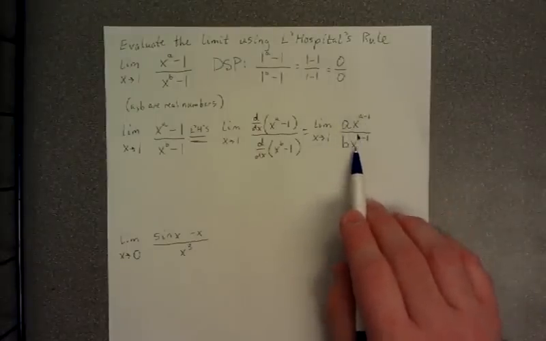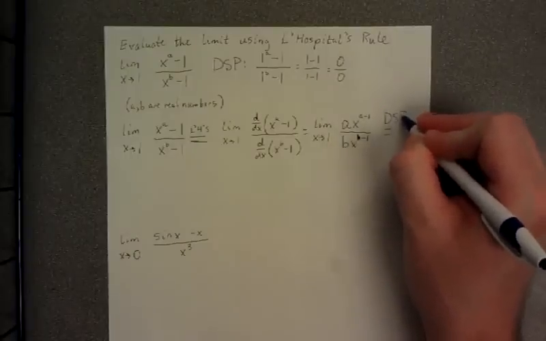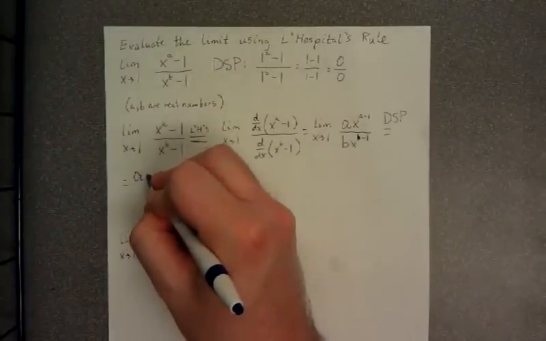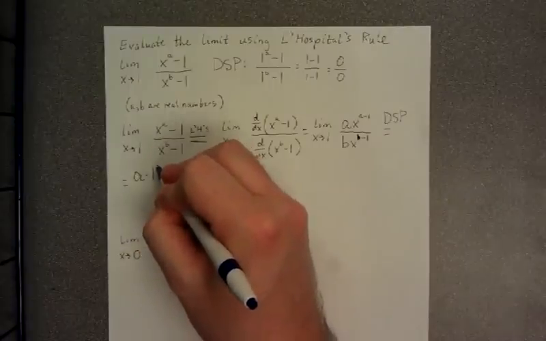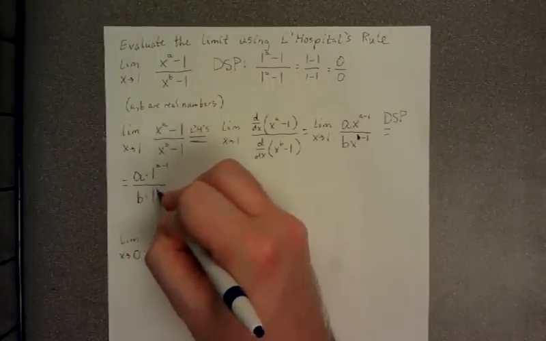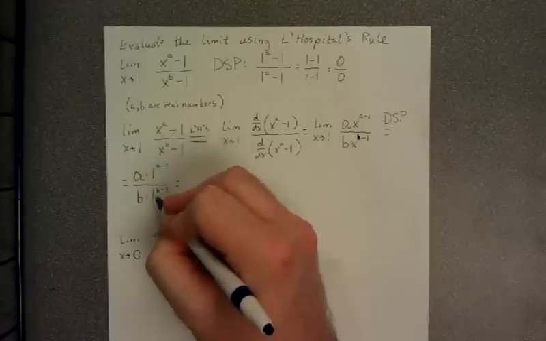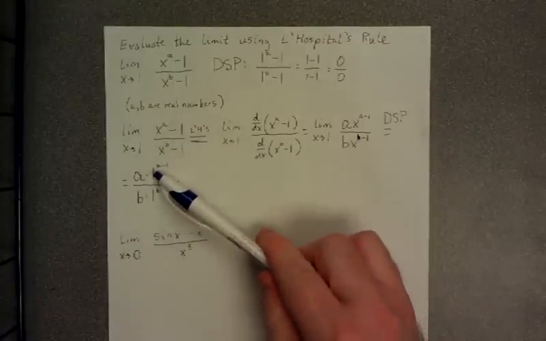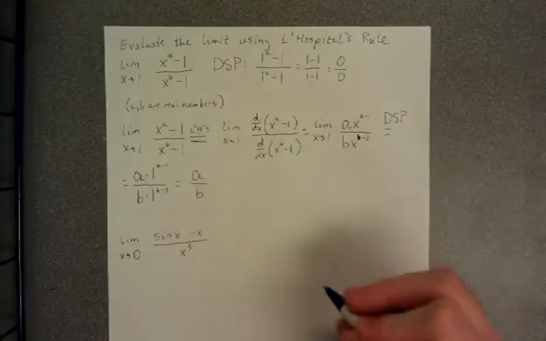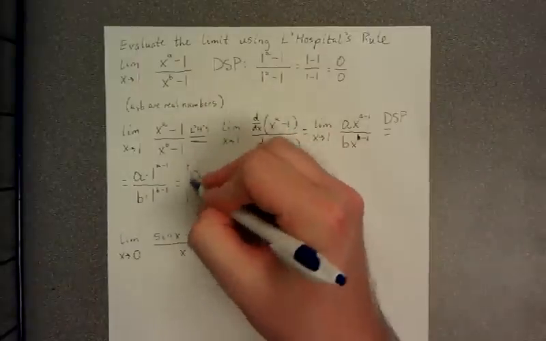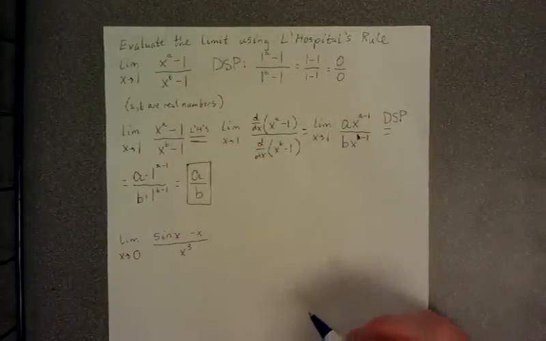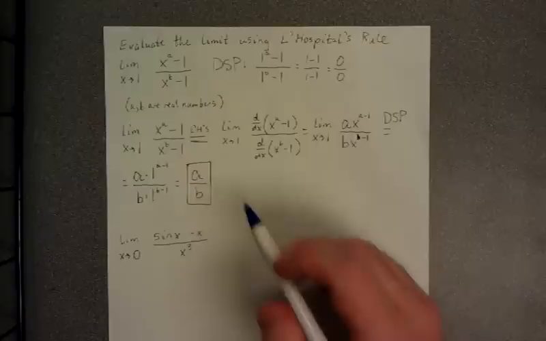Now we're going to try direct substitution property one more time, which says let's plug in x equals 1, see what happens. We get a times 1 to the a minus 1 over b times 1 to the b minus 1. Both of those powers of 1 are finite, which means that's a times 1 up top, b times 1 on the bottom. Our final answer for this problem is going to be a over b.